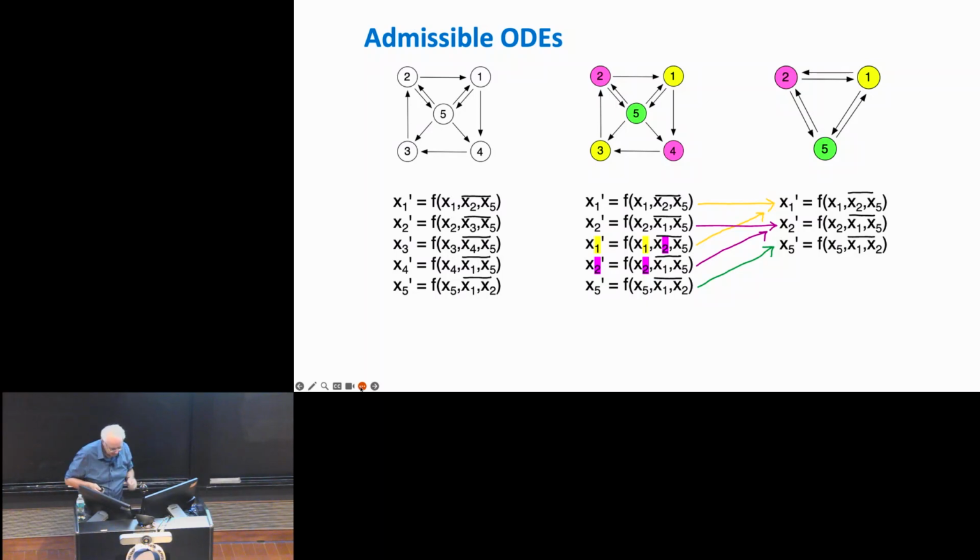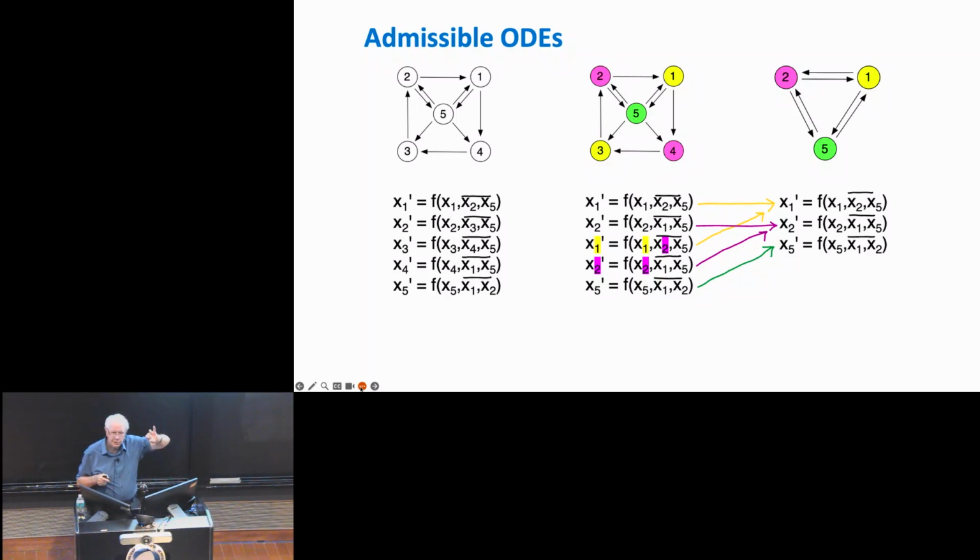So if you look at how the colouring goes, I've coloured the relevant variables, and if you assume that variables of the same colour are equal, we get 5 equations, but there are 2 different equations for x1, and if you look at them, they're the same equation.